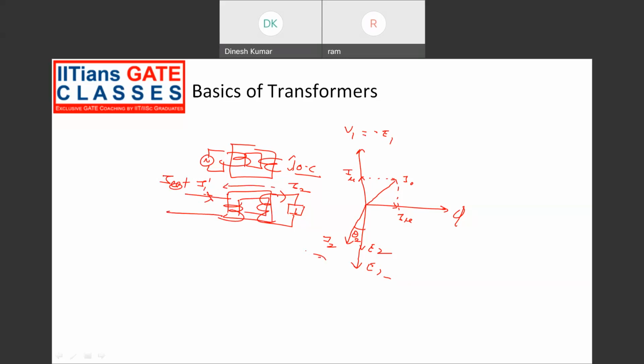If you take I2 to the other side, this is called the load component current to the primary, that is I1 dash. If you take the resultant of these two currents, that current is called the primary current, which is the current flowing through the transformer.